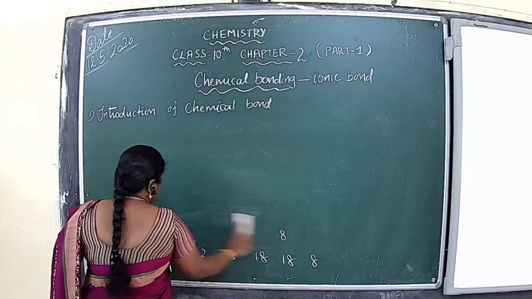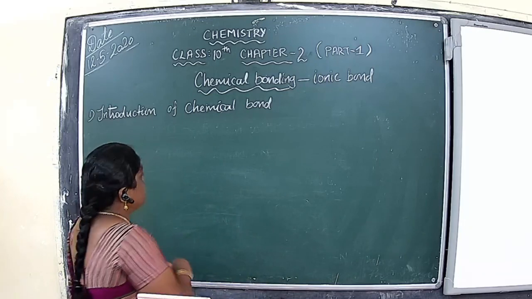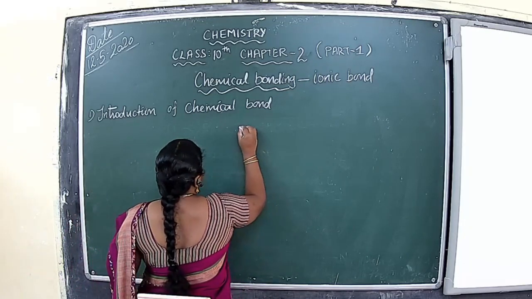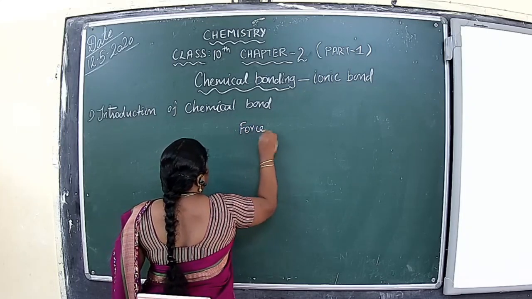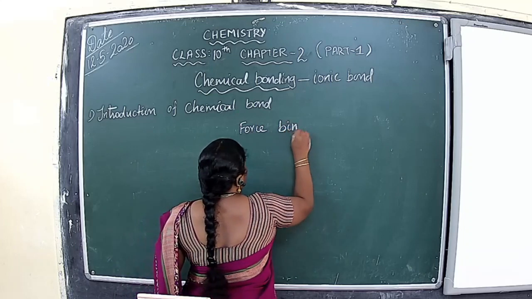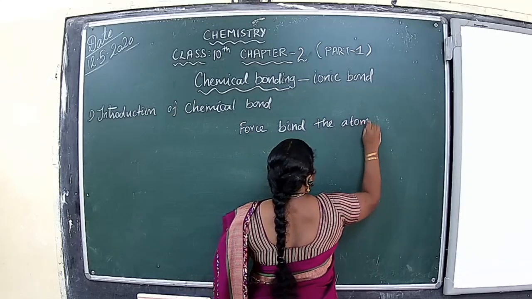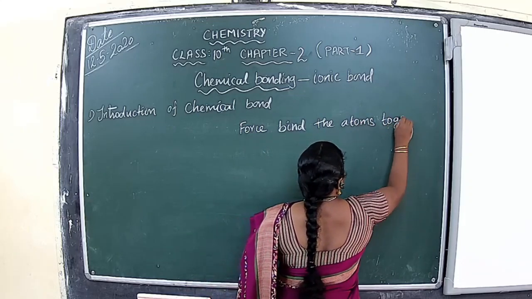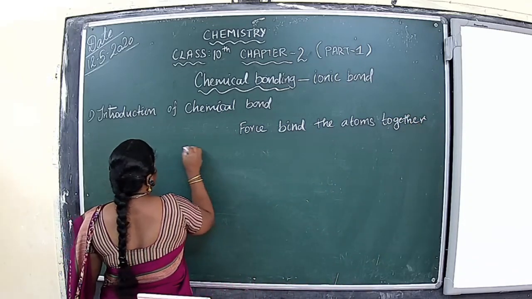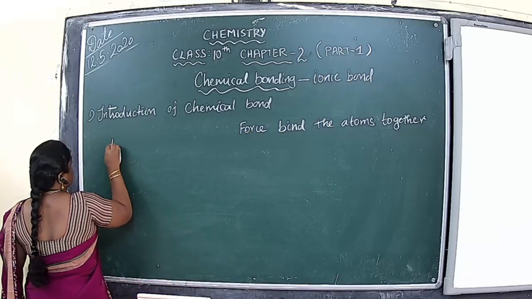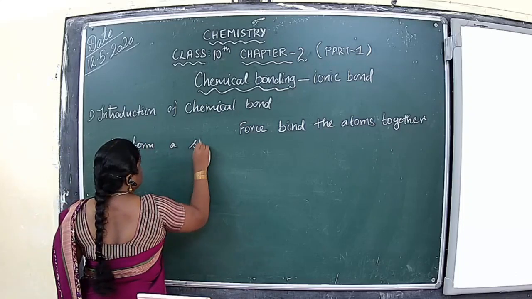So chemical bond means the force. What is a chemical bond? It is a force that binds the atoms together to form a stable molecule.